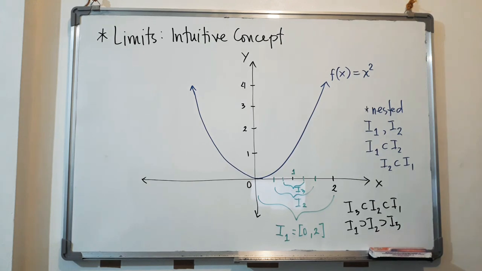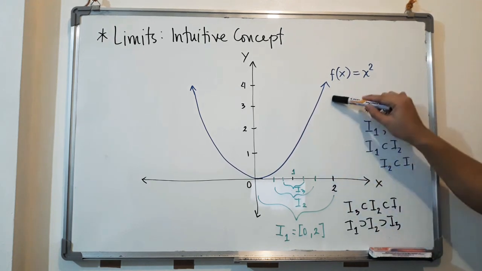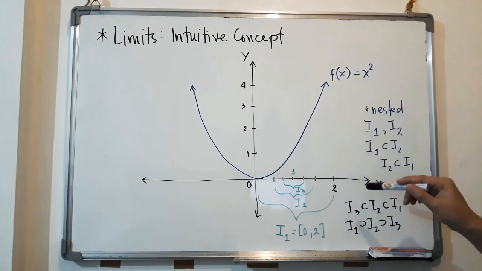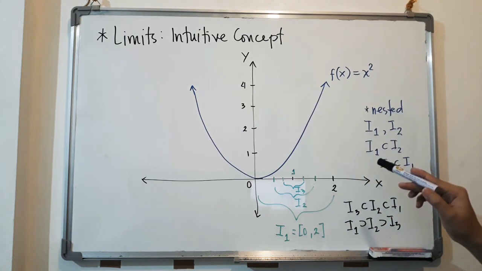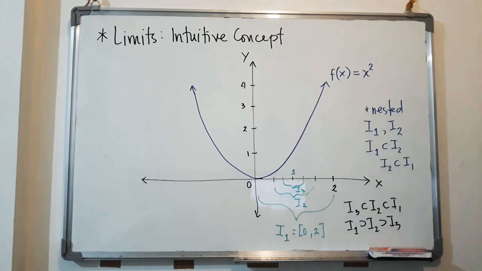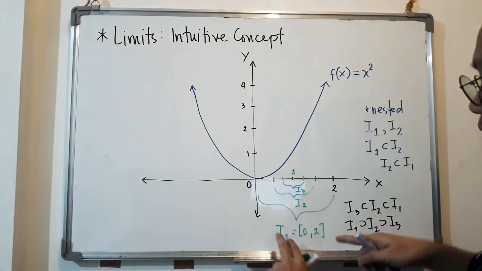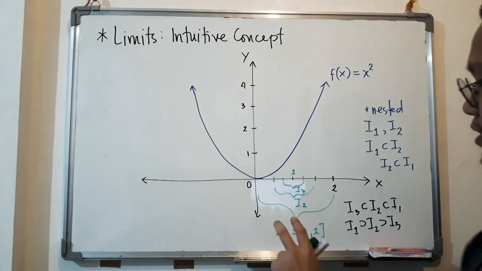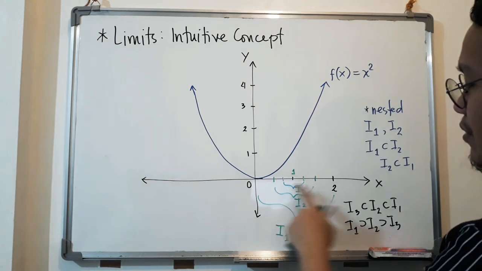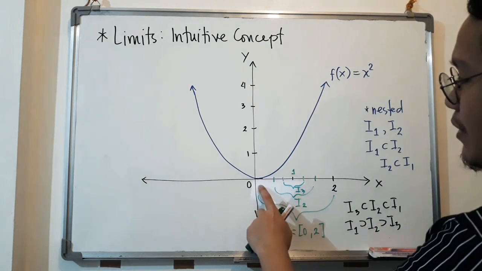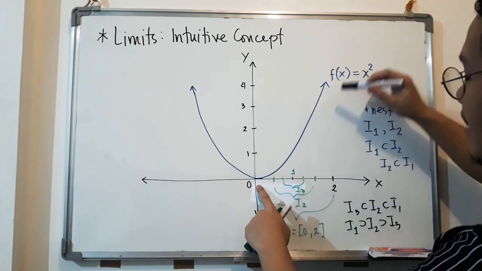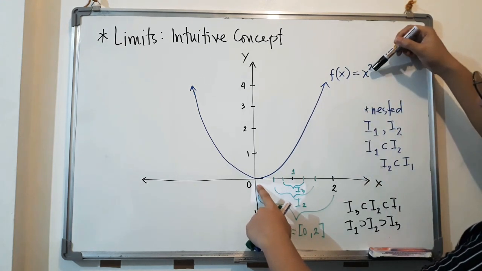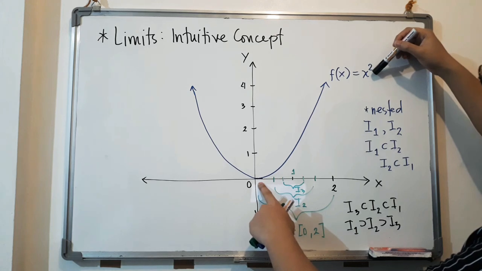Now the graph of f on these three nested intervals can be enclosed by rectangles. Say for example, let's have this interval I sub 1, a closed interval from 0 to 2. So if we evaluate our function at point 0, the value is 0.